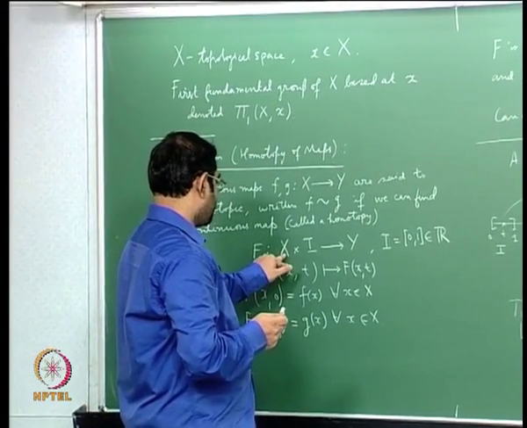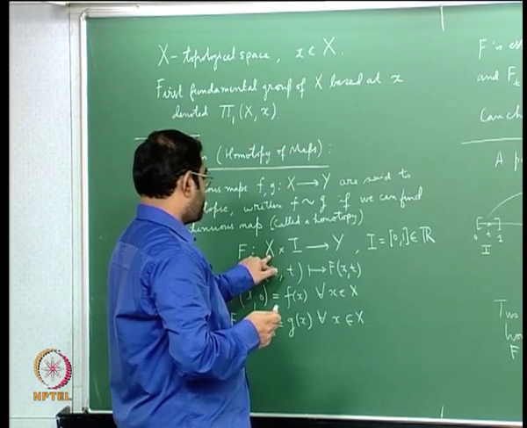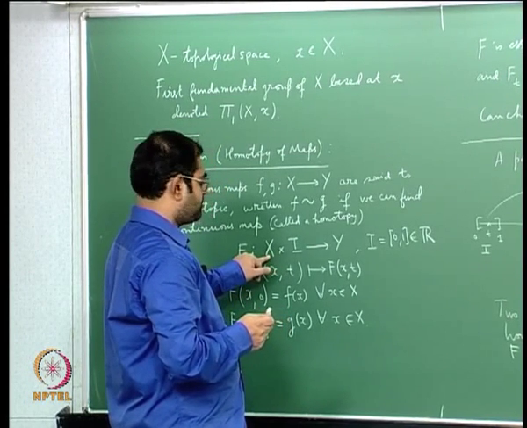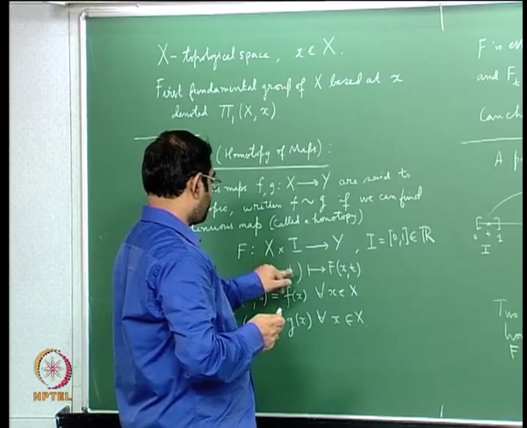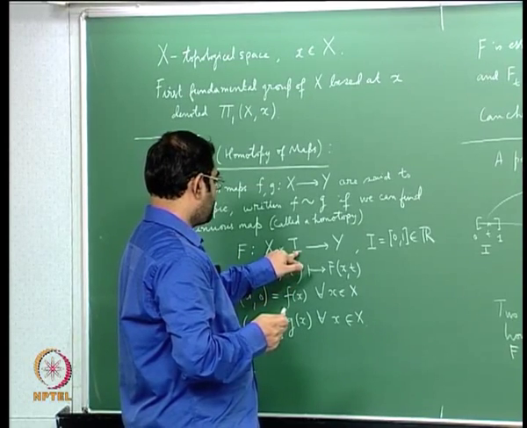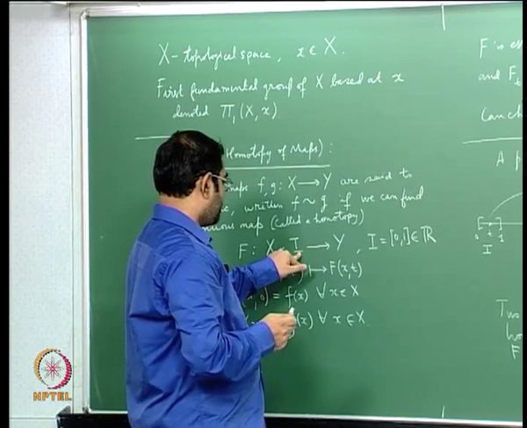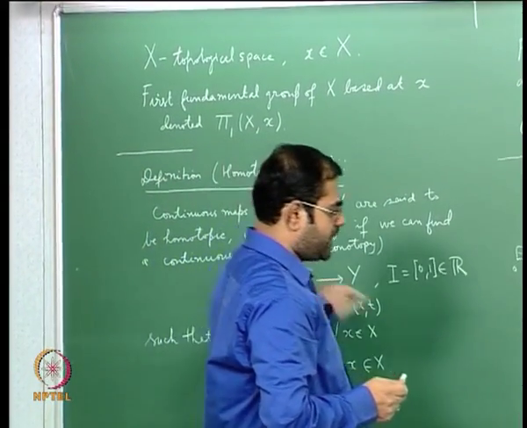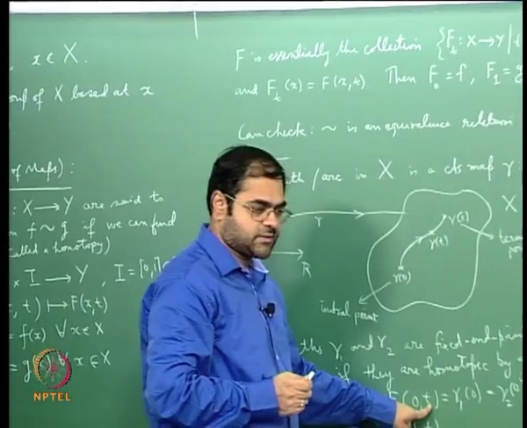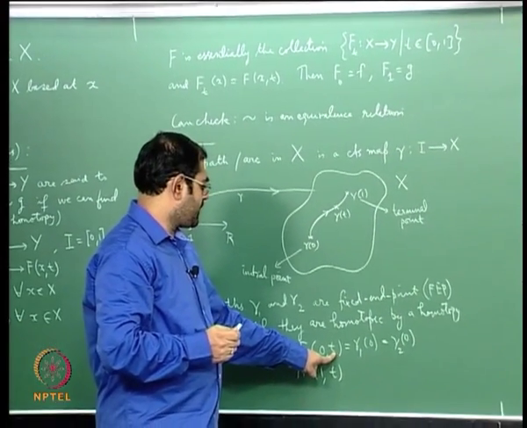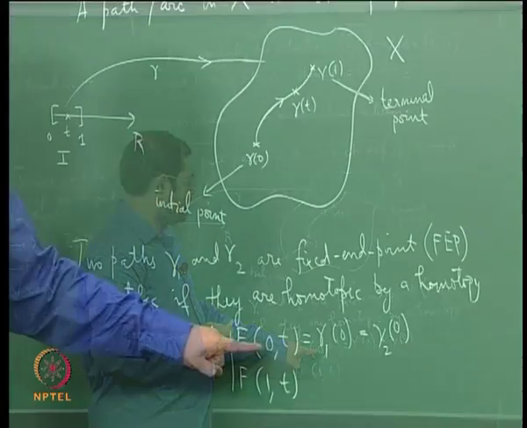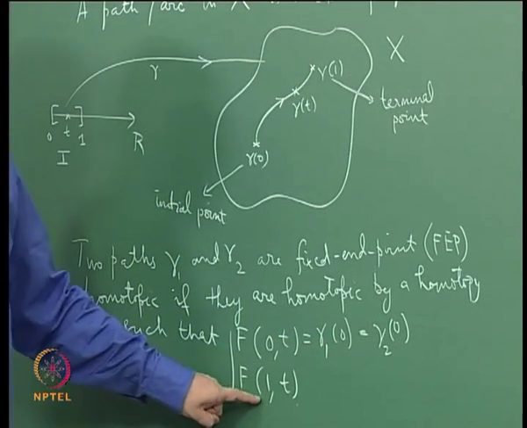This is going to be my space here, and I want the time variable going on the second coordinate, which means no matter what the second coordinate is, my intermediate path should always have initial point and final point the same.